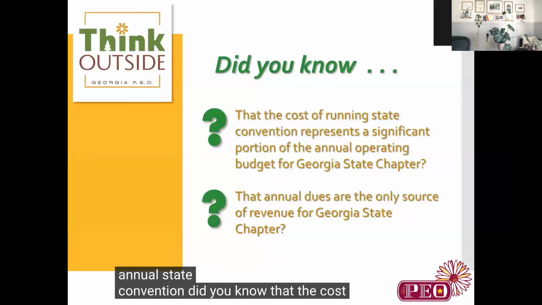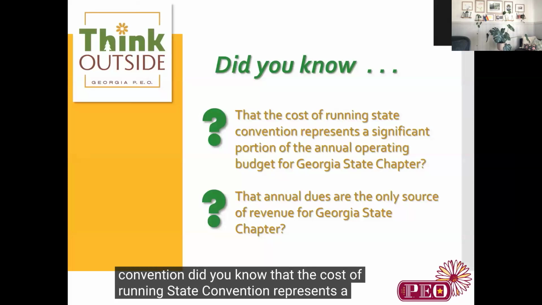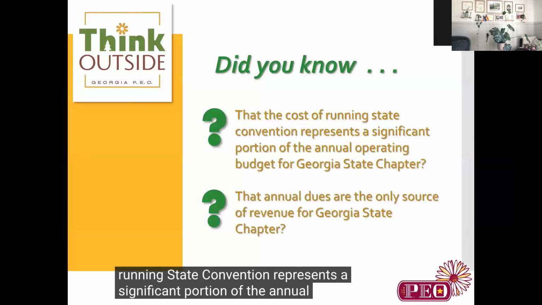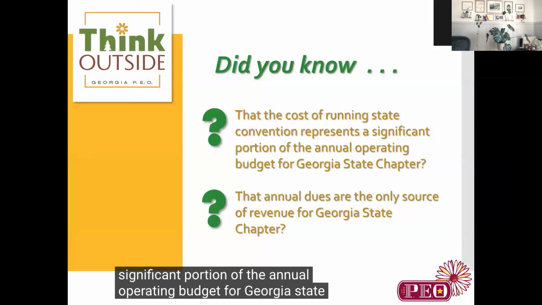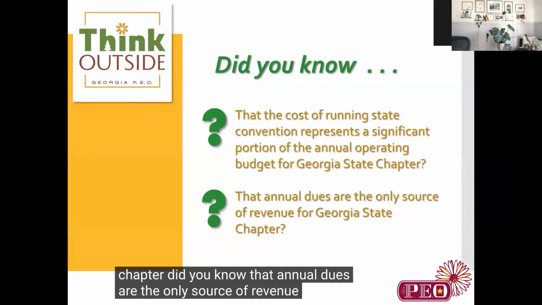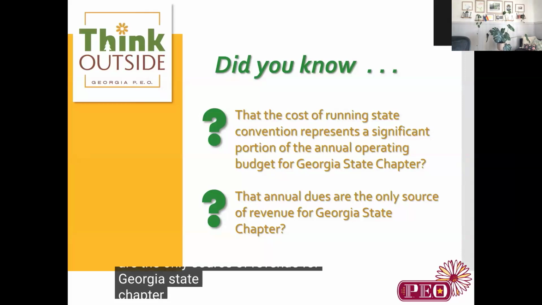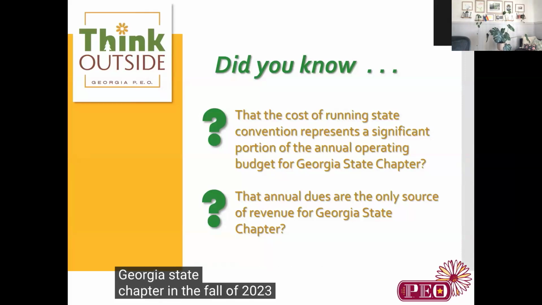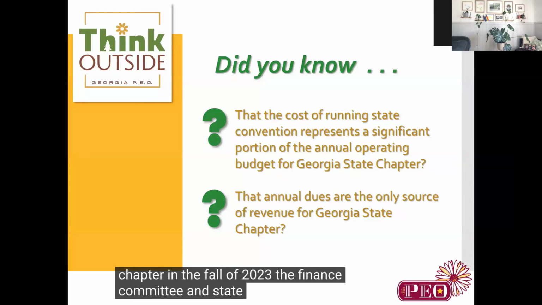Did you know that the cost of running state convention represents a significant portion of the annual operating budget for Georgia State Chapter? Did you know that annual dues are the only source of revenue for Georgia State Chapter? In the fall of 2023, the Finance Committee and State Board recognized the need to propose an amendment to increase state dues.